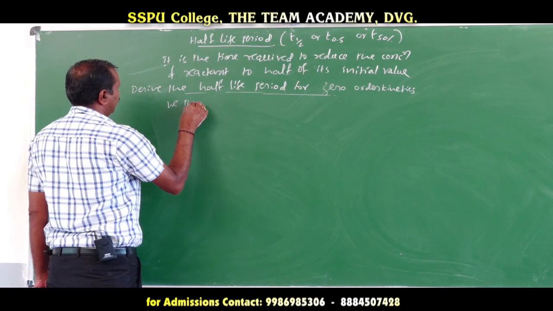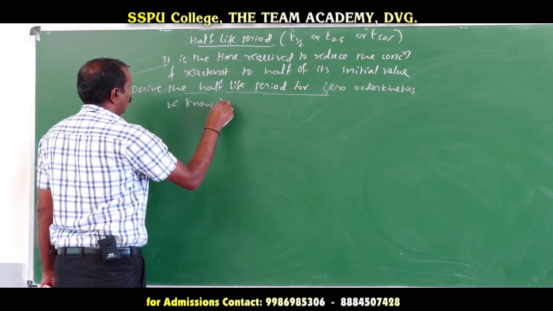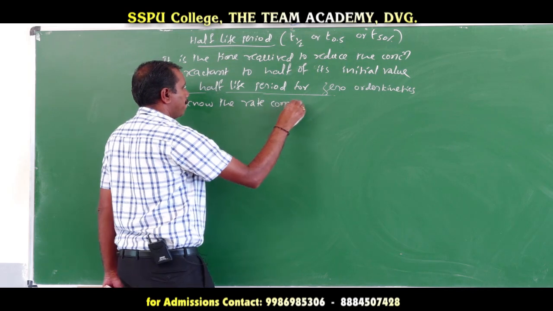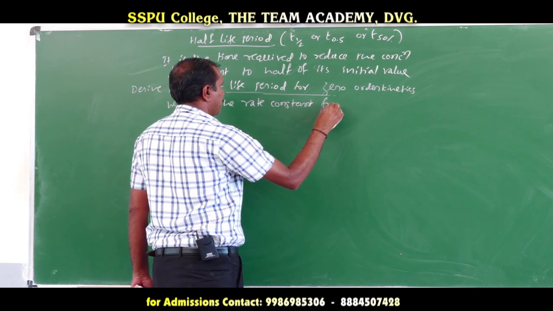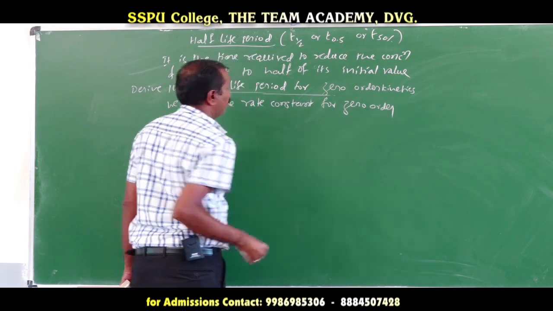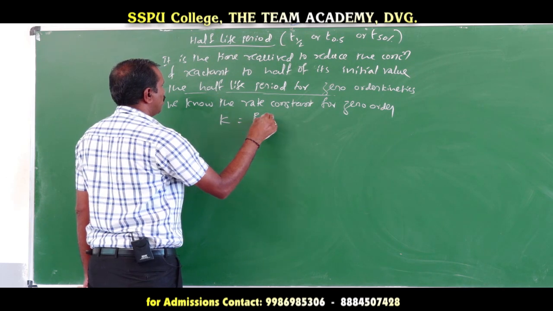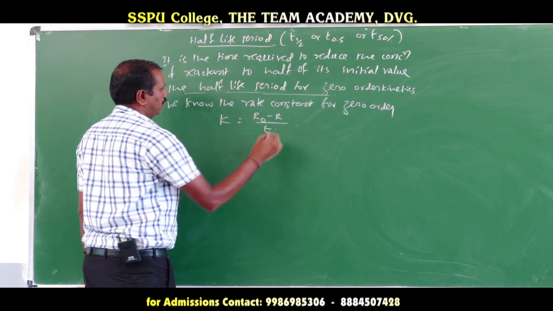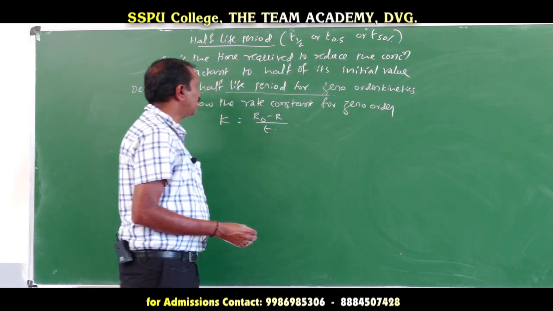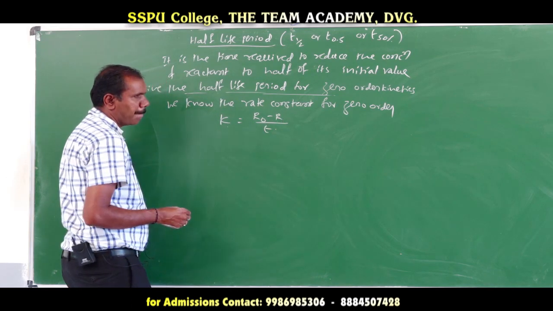We know the rate constant for zero order. The rate constant for zero order is K equals R naught minus R divided by t.